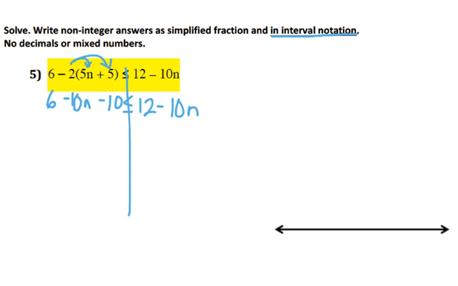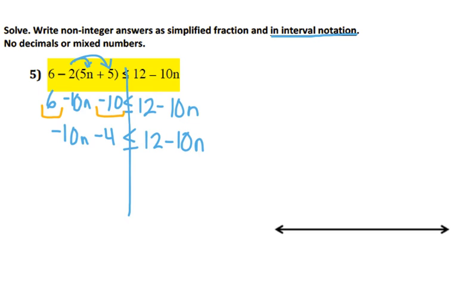Next, let's combine like terms if we have any. On the left, we do. We have a positive 6 and a minus 10. So let's combine those, and we get negative 10n's minus 4. On the right, we still have 12 minus 10n's.